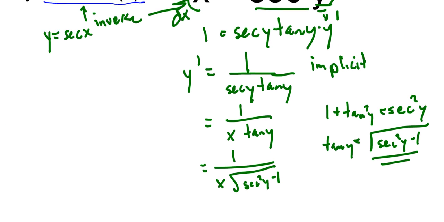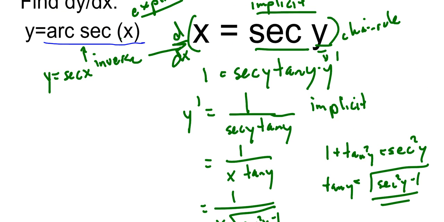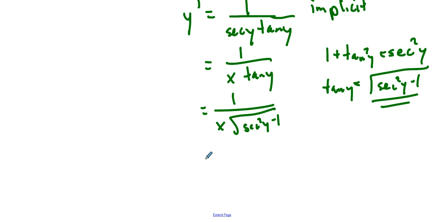Alrighty. From here, what do we know that secant of Y equals? That equals X. So we have 1 over X times the square root of X squared minus 1. Nailed it.